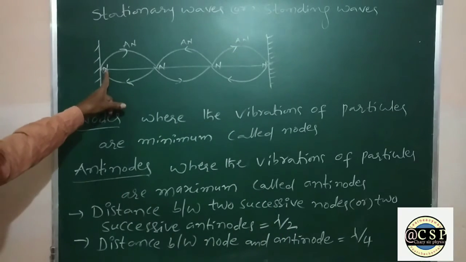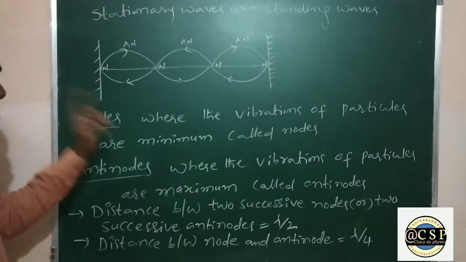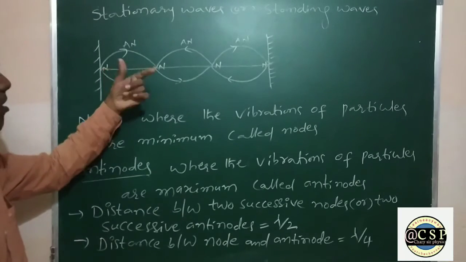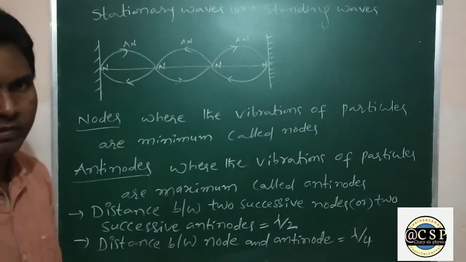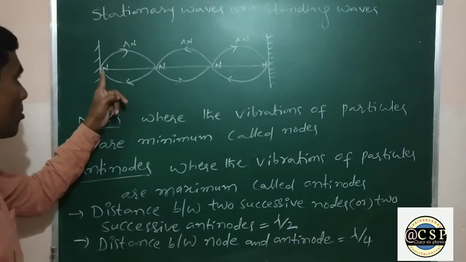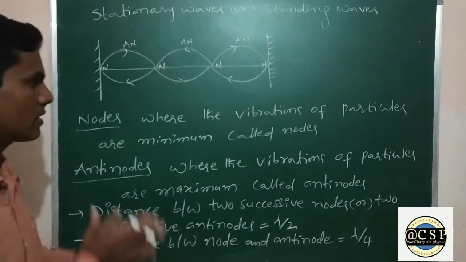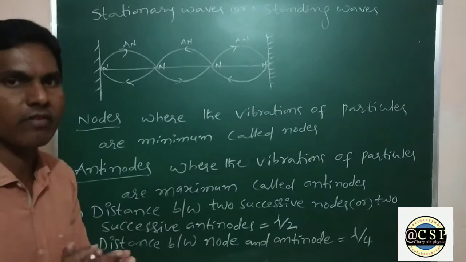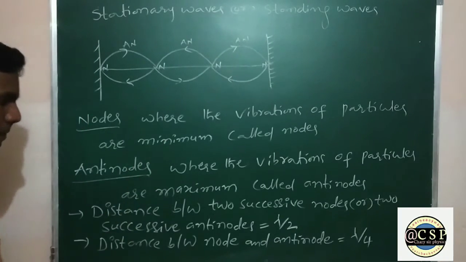The distance between node and antinode is lambda by 4. The distance between two successive nodes or two successive antinodes is lambda by 2, and the distance between a node and an antinode is lambda by 4. Don't forget these points. They are very, very important. Write these points.